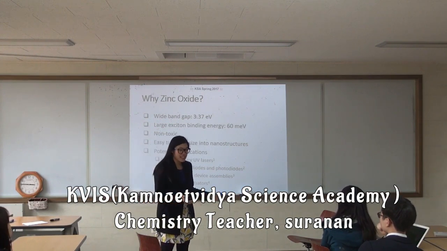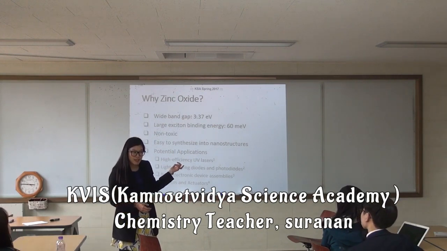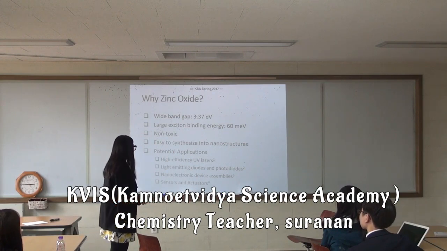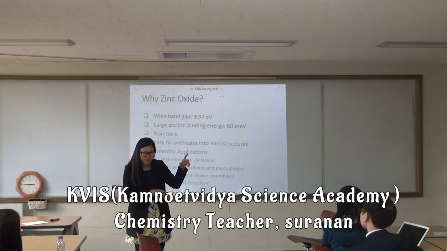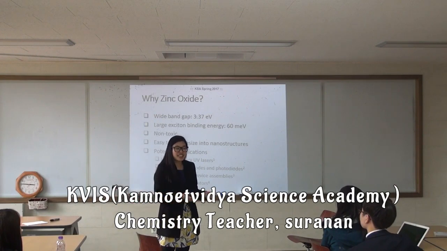Before I go to the results, I will tell you why I'm interested in zinc oxide. You know zinc oxide is a semiconductor, right? It has a really wide band gap, 3.37 electron volts at room temperature, and the exciton binding energy is quite large, 60 milli-electron volts. Also, it's very easy to synthesize as nanostructures.